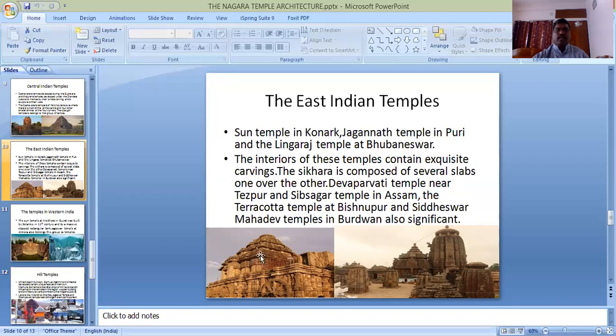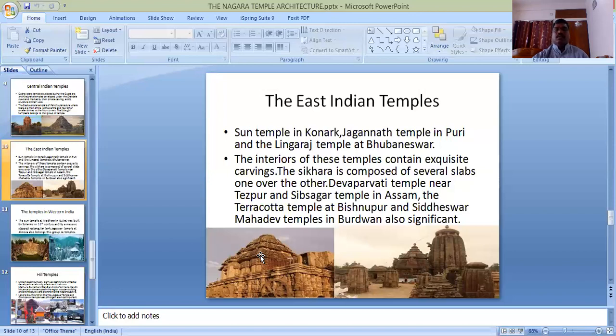The Devaparvati temple near Tezpur and the Sibsagar temple in Assam, the Terracotta temple at Bishnupur, and the Siddheswar Mahadev temples in Bardhaman are also significant. That is, the East Indian temples are specified by their interiors.